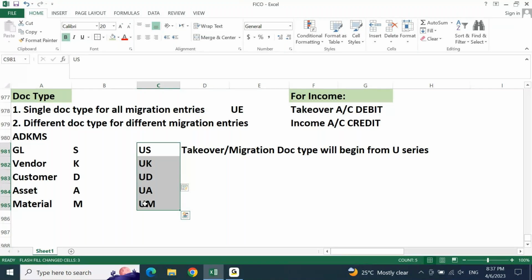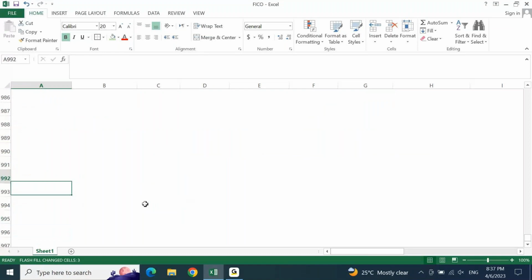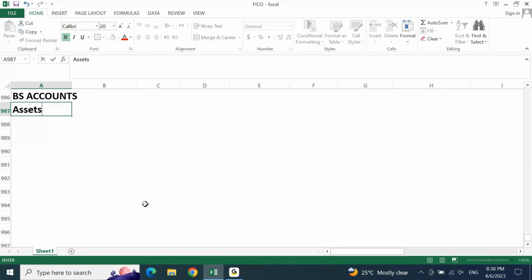Next one is your balance sheet accounts. From your balance sheet, what are the types that we have? First one is assets, second one is liabilities.